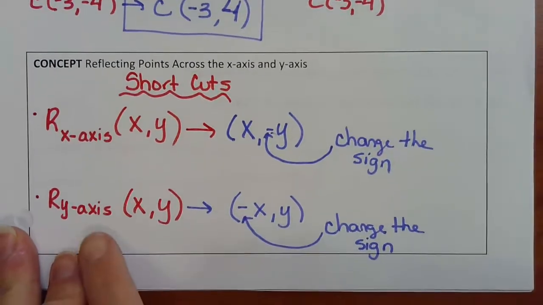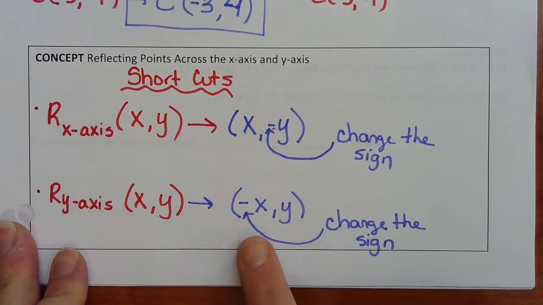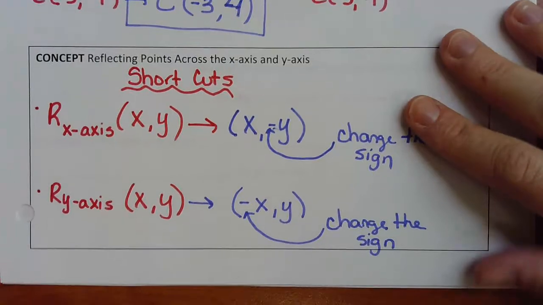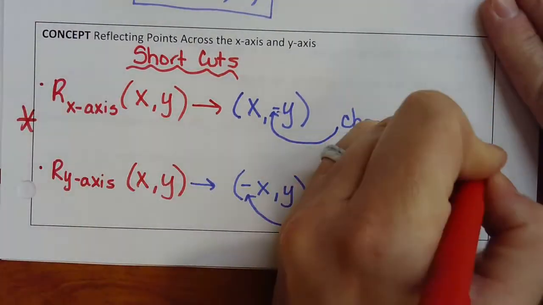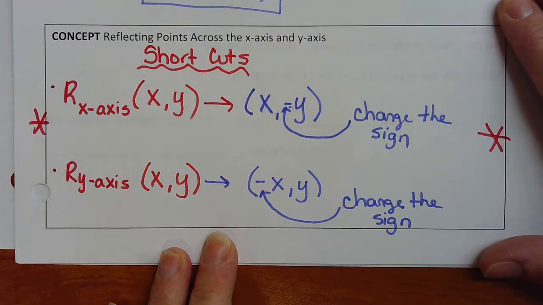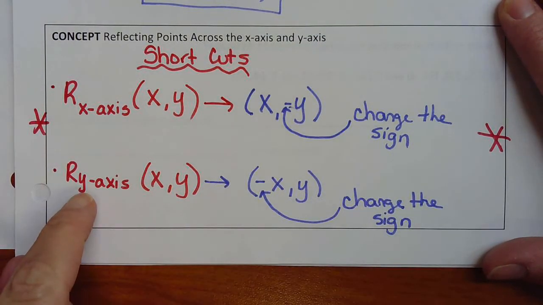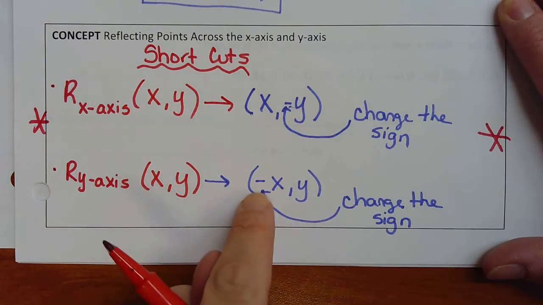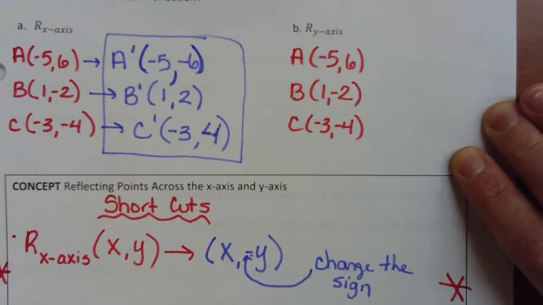Just as a reminder, when we reflect over the y-axis, we change the sign of the x value. If I were you, the main thing I would write down for today is these little shortcuts. So pause the video, hurry up, and write those down somewhere. I would make sure I have those shortcuts. Again, we're about to reflect over the y-axis. So the y value stays whatever it is. The x value changes signs.